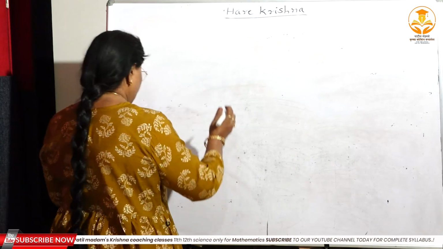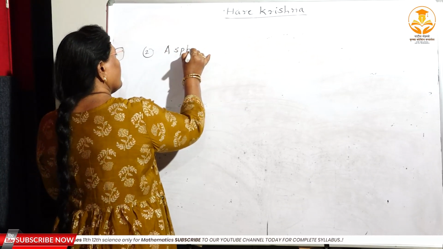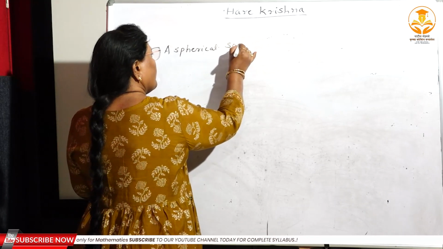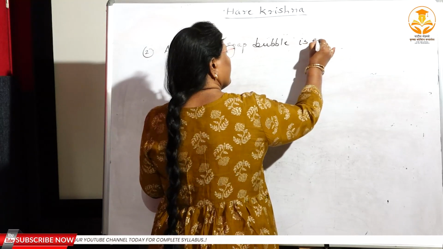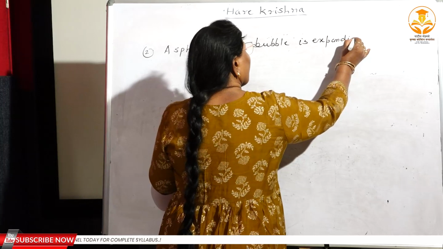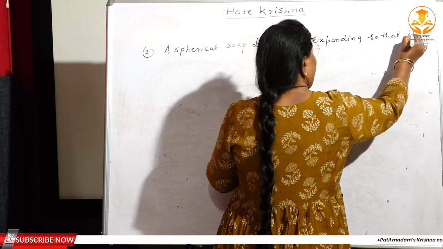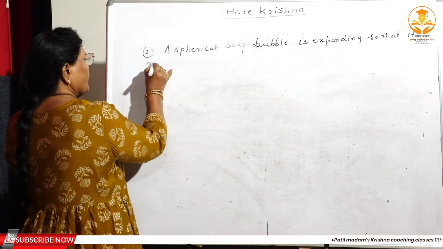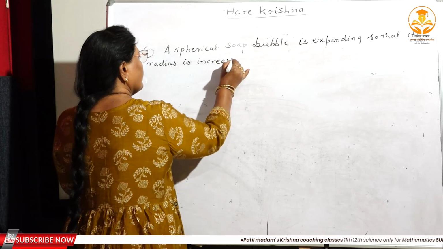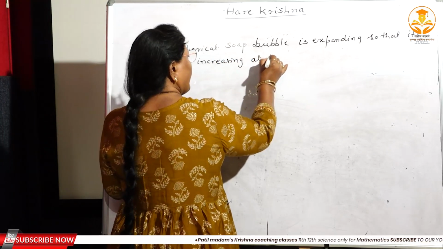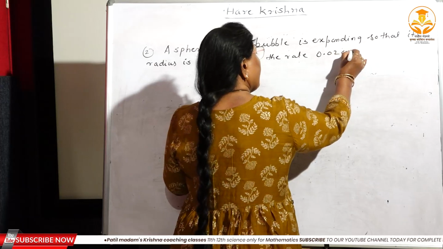So, it is very simple. Again, the second one, see, a spherical soap bubble is expanding so that its radius is increasing at the rate 0.02 centimeter per second.